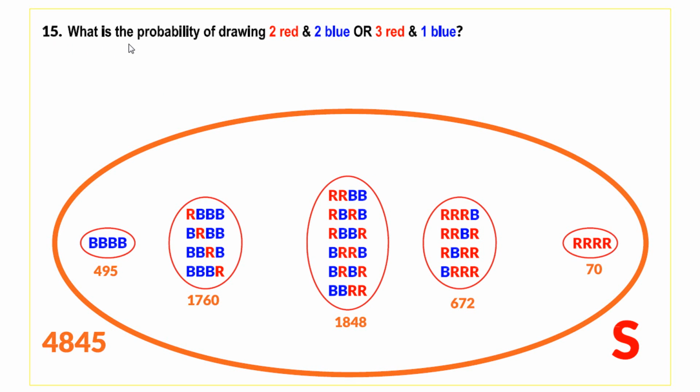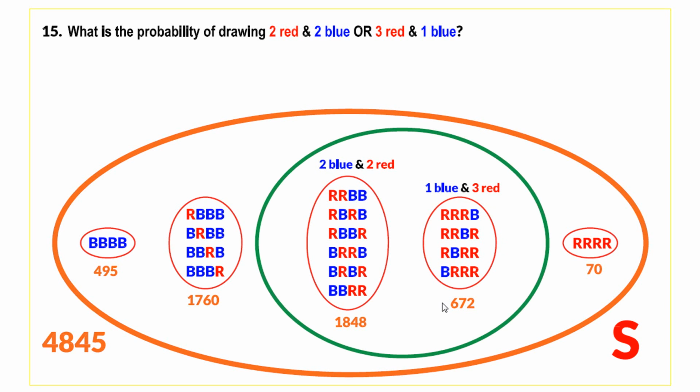Question 15. What is the probability of drawing 2 red and 2 blue or 3 red and 1 blue? So or here means union, and this is the union of 2 disjoint events, and the probability in this case will be the sum. So or means union and means the sum of probabilities if these 2 events are disjoint. So this is the event of drawing 2 red and 2 blue, and this is the event of drawing 3 red and 1 blue.